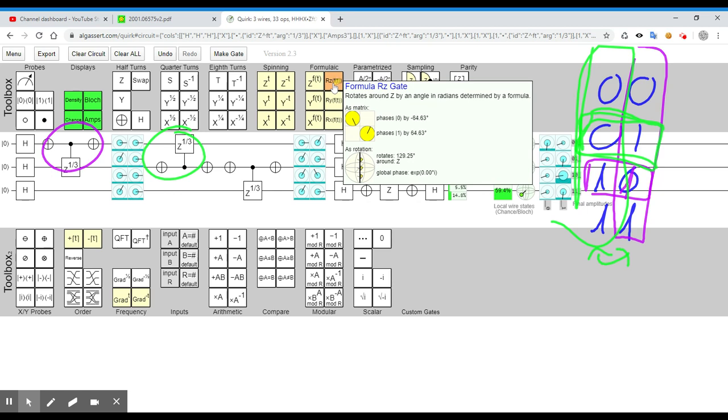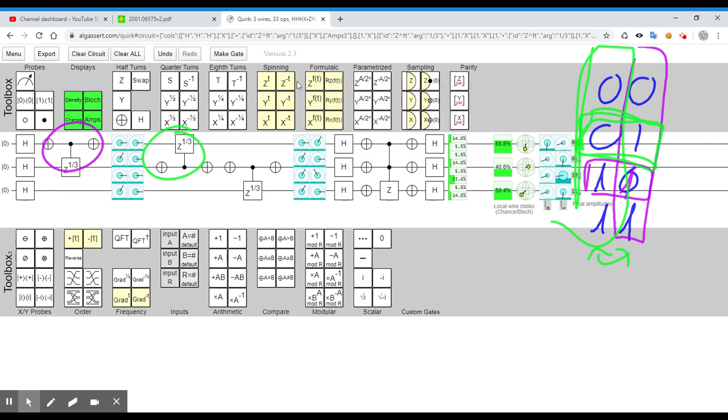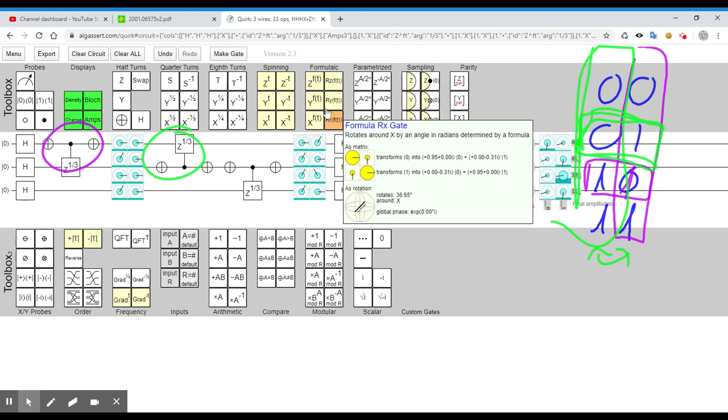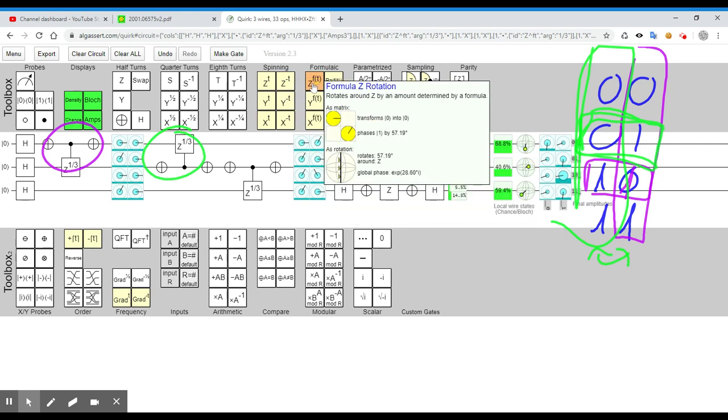The RZ gate rotates around the Z by an angle in radians determined by a formula, but it's actually phasing both the 0 component and the 1 component, whereas the Z rotation just phases the 1 component, but adds a global phase.